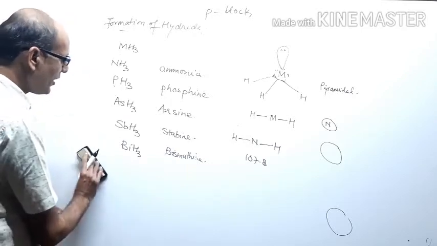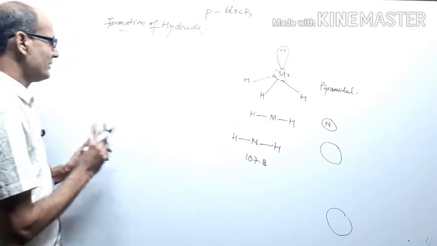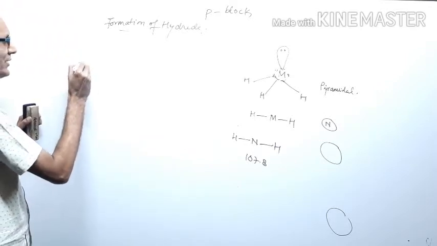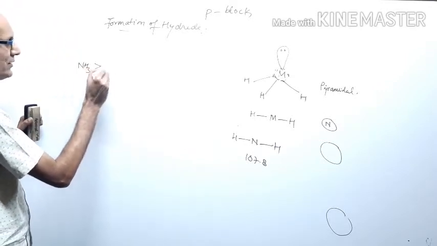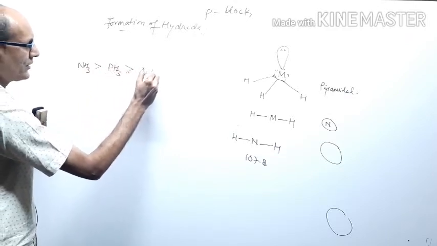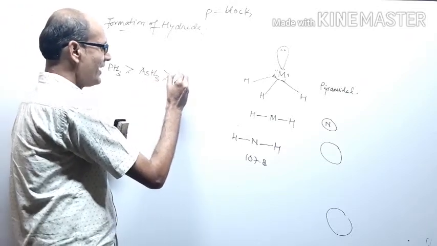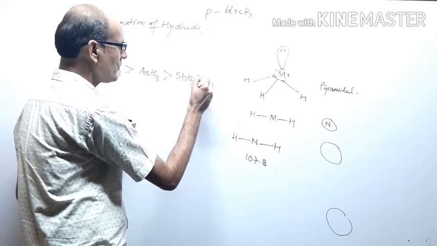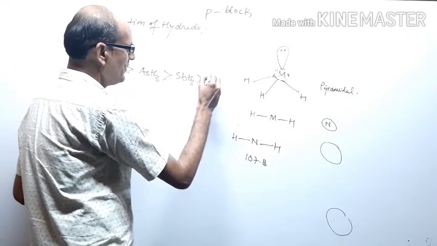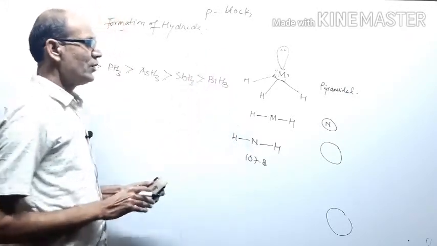So the order of the bond angle on moving top to bottom will be NH3 greater than PH3 greater than AsH3 greater than SbH3 greater than BiH3. Okay, student.